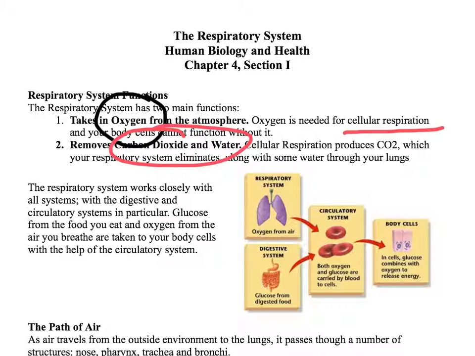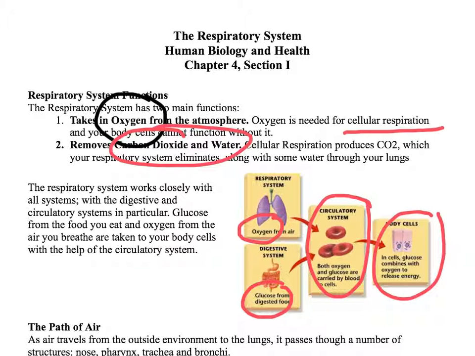So the respiratory system works closely with the digestive system, because the respiratory system provides the oxygen needed in cellular respiration, whereas the digestive system provides the glucose. And the role of the circulatory system is to make sure that these two are brought to the cells in order for the cells to use it as energy.